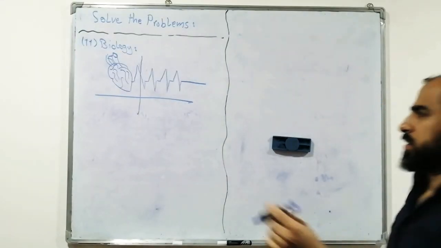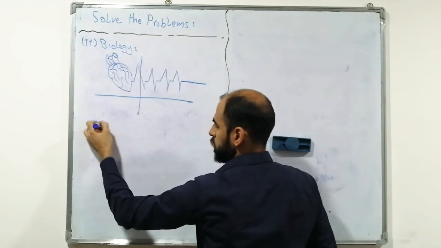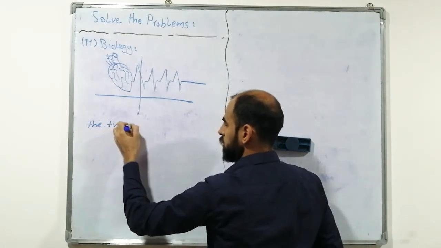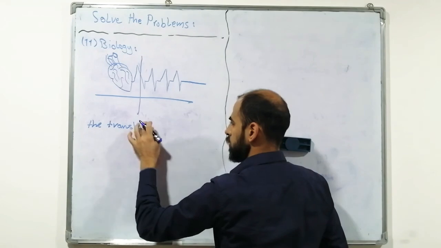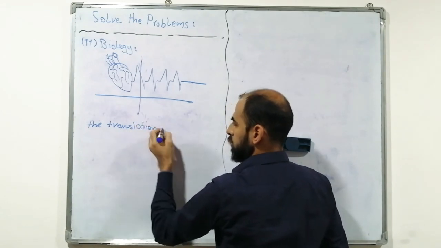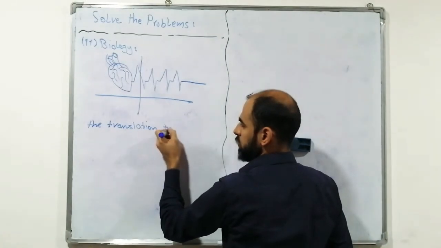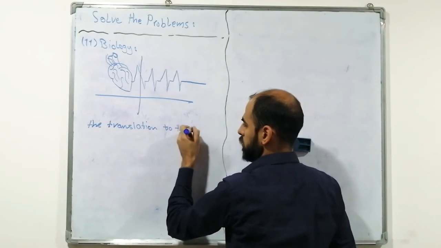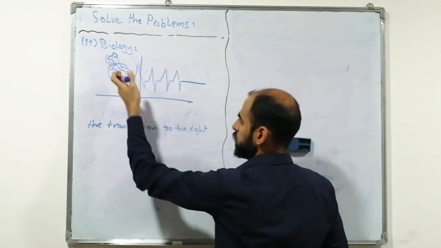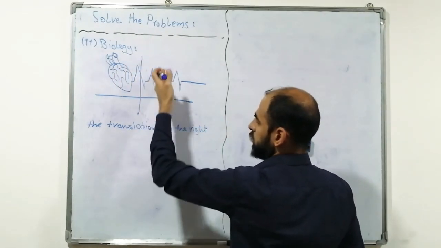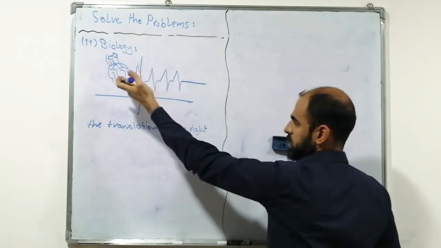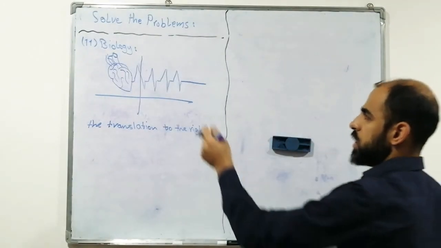Now we have translation from the second part to the first part. That means the translation is to the right. Why? Because we have the repeating from left to right, that means the translation to the right. And how many?